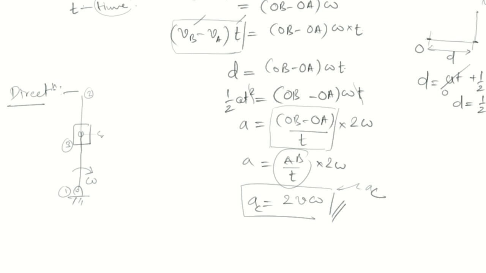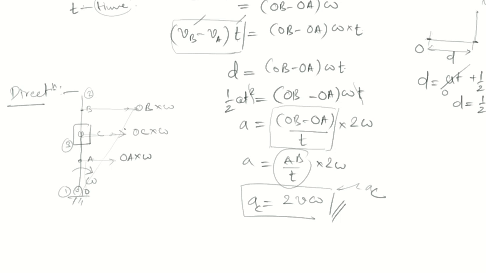Let us say this is the point C, this is the point A, and here you have a point B. At point A, the velocity in the perpendicular direction is given as OA into omega, at point B as OB into omega, and at C as OC into omega.